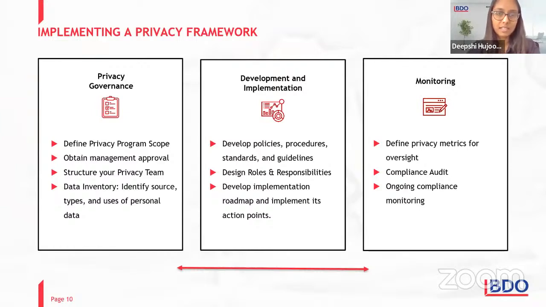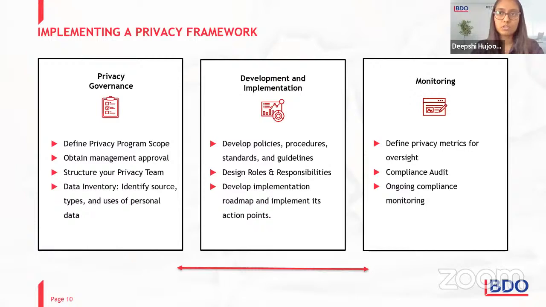So firstly, once we are agreeable on the privacy scope, which means, for instance, if we have an organization or a group of organizations, where does it stop? Are we only implementing privacy for one system, for one process, for the organization, or for the group at large?